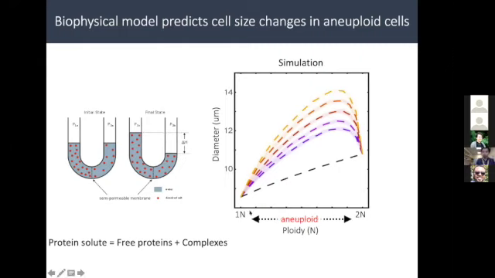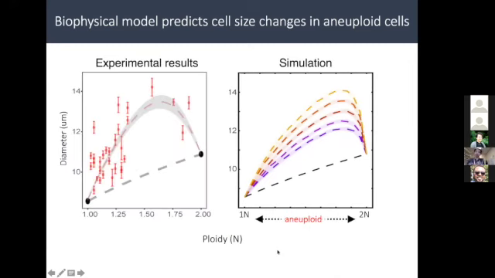So you can see that in the euploids 1N, 2N, and we actually have 3N, 4N here, it's a linear change, but the cell size actually changes in a non-linear manner when they become aneuploids. This is consistent with what we saw in the experimental results, and this kind of phenotype can also be observed in other eukaryotes, from some database searching.